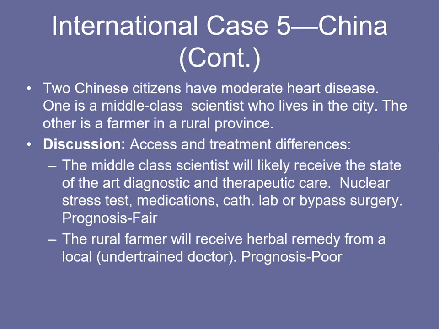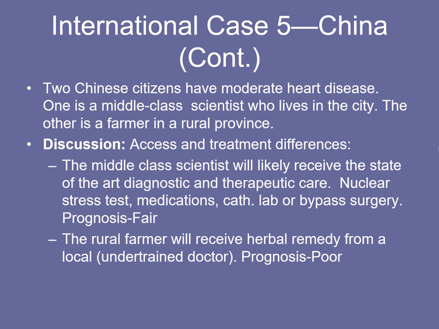This last case illustrates a theme we've talked about throughout this presentation, and that is that indeed the Chinese healthcare system is the tale of two cities. Those Chinese citizens who are becoming middle class or more affluent are apt to have very good care.